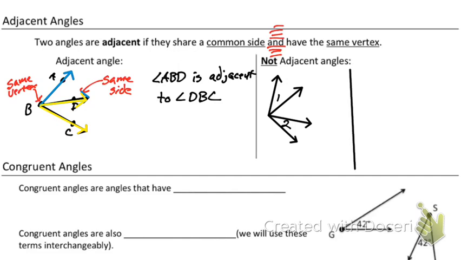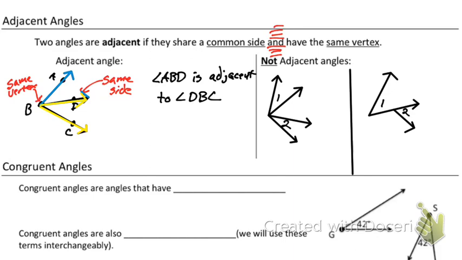Another example of not adjacent, as some people think is adjacent, is this. These now share a side, but they do not share a vertex.